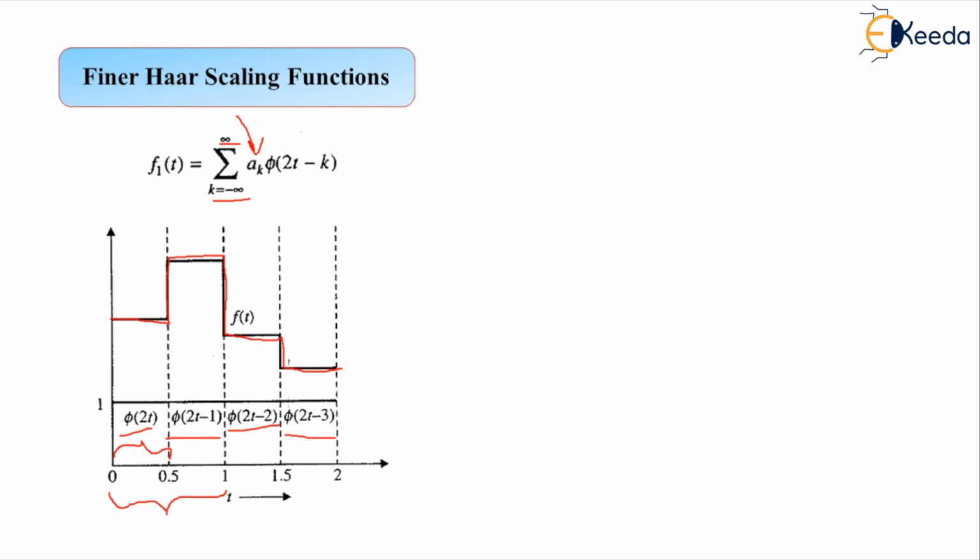So for 0 to 0.5 we have phi of 2t, for 0.5 to 1 we have phi of 2t minus 1, for 1 to 1.5 we have phi of 2t minus 2, and for 1.5 to 2 we have phi of 2t minus 3. This example discusses only four intervals, and this is the last interval I have shown.